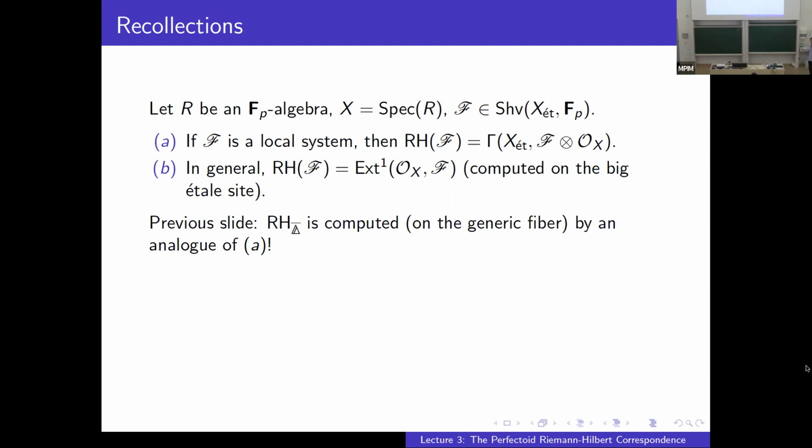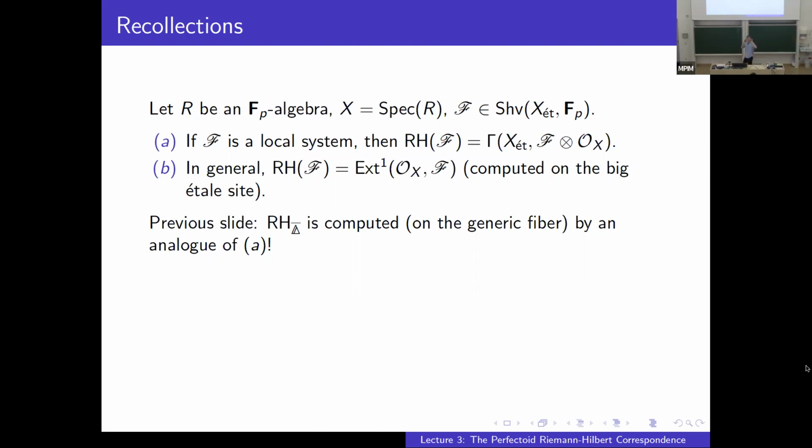And you might ask, why are you allowed to do that now? So what's the problem, in the setting of last week's lecture, with trying to take formula A as the definition in general? If you take your étale sheaf F and tensor it with OX, you'll get a sheaf of OX modules. Now, if F is a local system, that will be a quasi-coherent sheaf of OX modules.